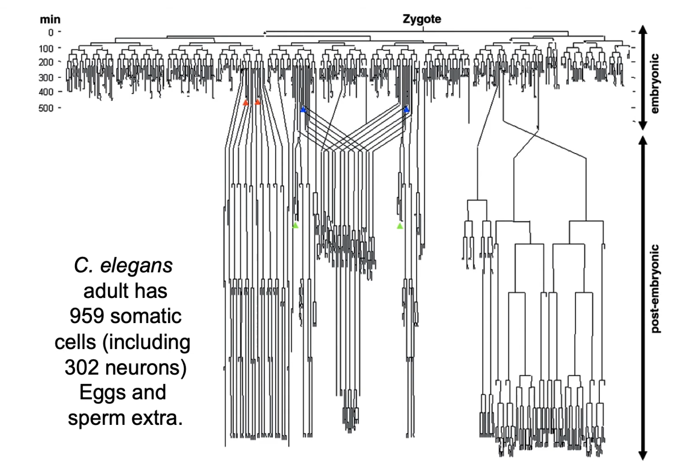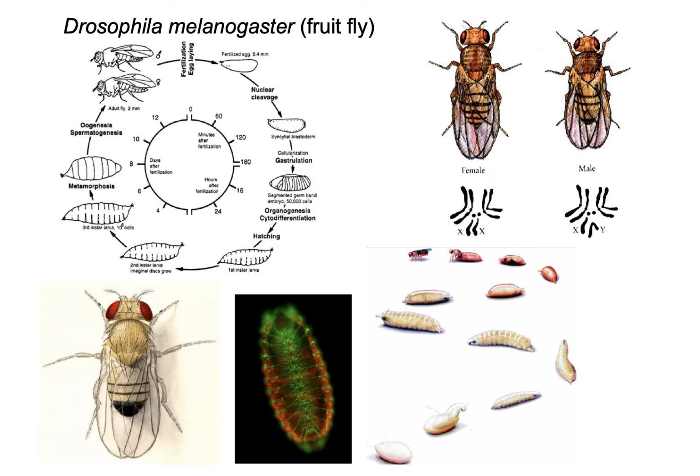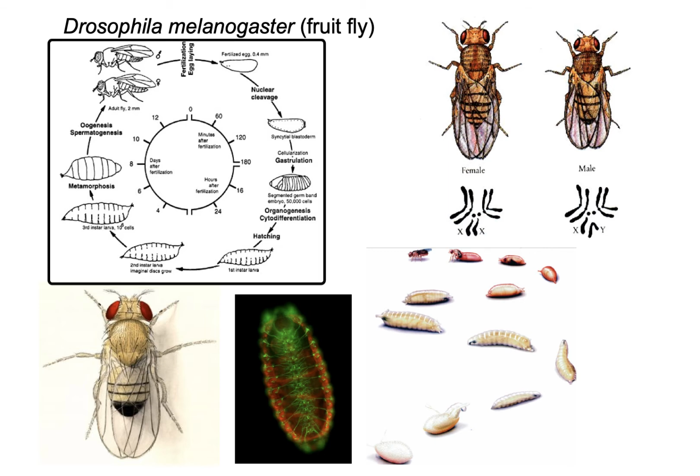Here's a more complex organism, Drosophila melanogaster, or fruit fly, which you can have mating of a male and a female in this case. There are no hermaphrodites in this case.